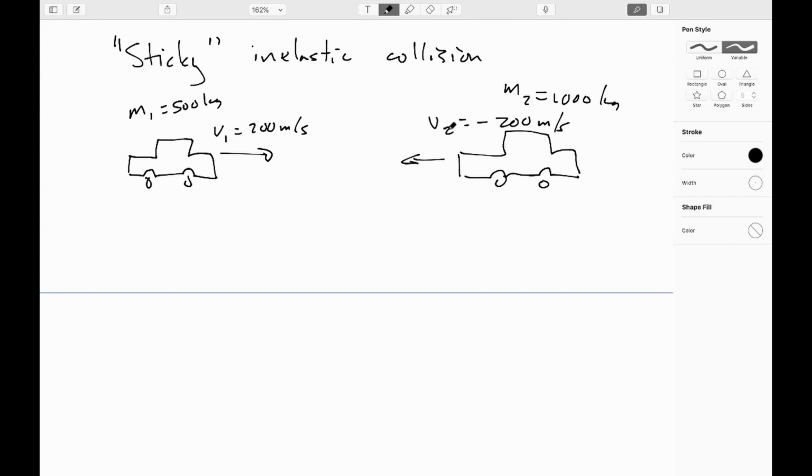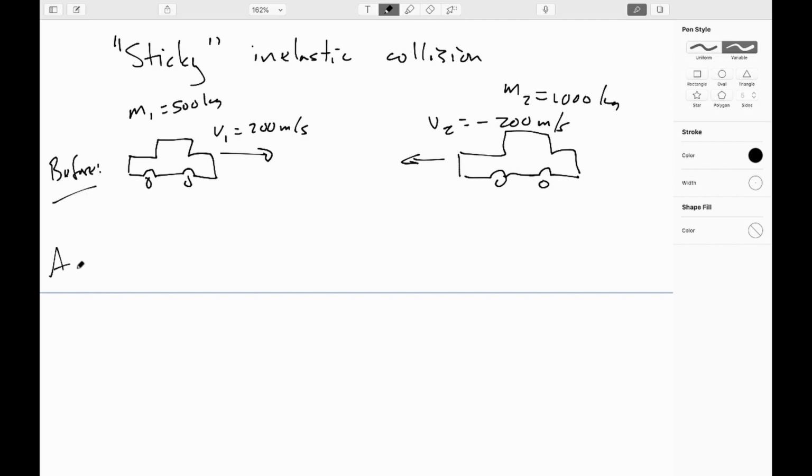And I find that when we're doing things in one dimension, at least personally for me, that's the way to go. In other words, I'll handle all the is it moving right, is it moving left when I substitute in the numbers, not when I'm setting up the letters of the equation. So anyway, this is the before situation.